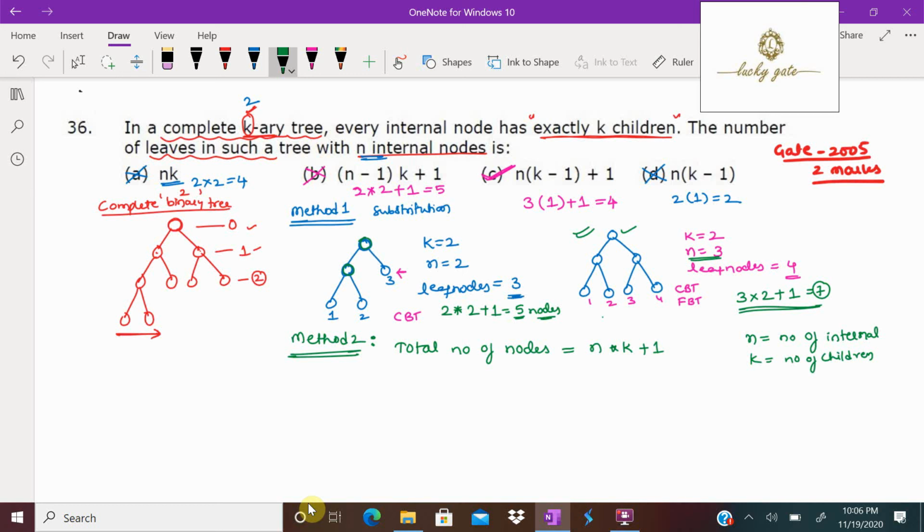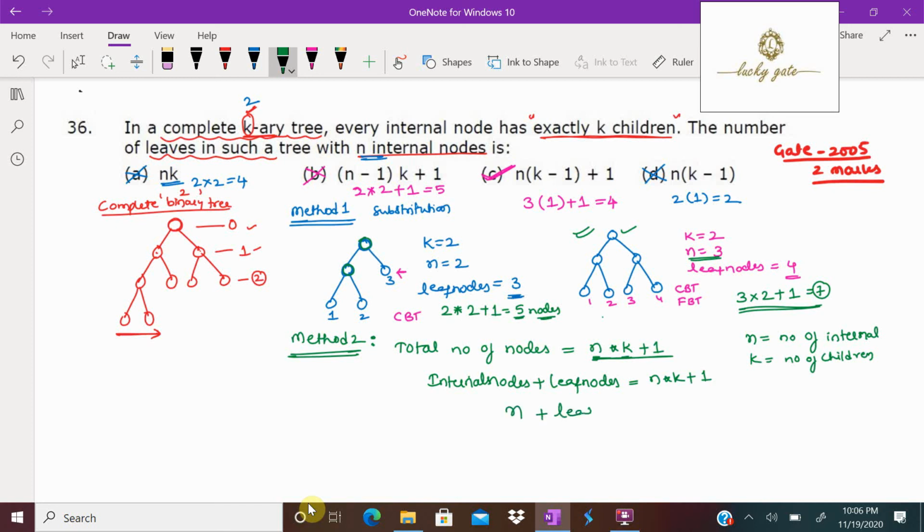So this formula gives the number of nodes in a k-ary tree, where n is the number of internal nodes, n into k plus 1. Now how many total nodes are there? The number of internal nodes plus leaf nodes. The number of internal nodes plus leaf nodes equals n into k plus 1. Here internal nodes is n.